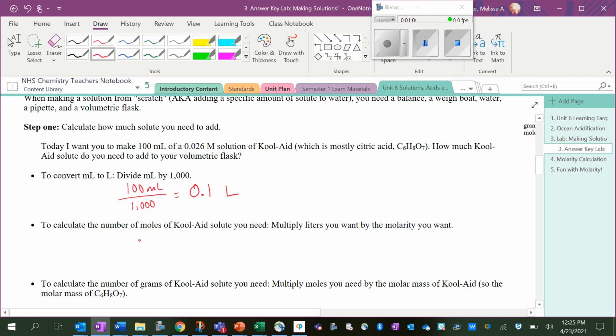So I want 0.1 liters of a 0.026 molar solution. Again, another way of writing that capital M is moles per liter, moles per 1 liter, in fact. So if I multiply, I'll find out that I need 0.0026 moles of citric acid.